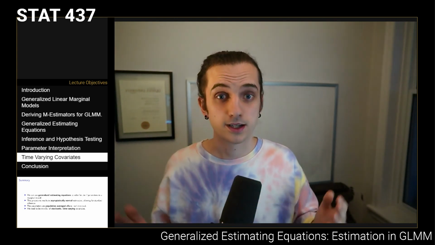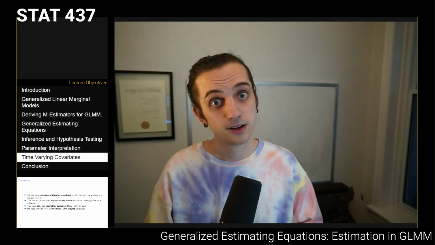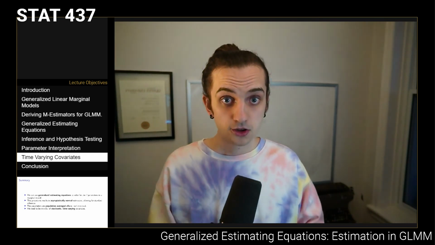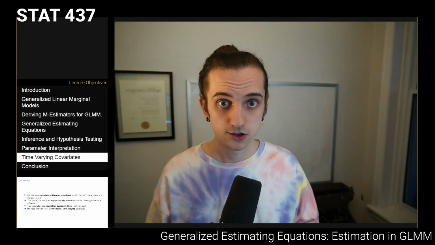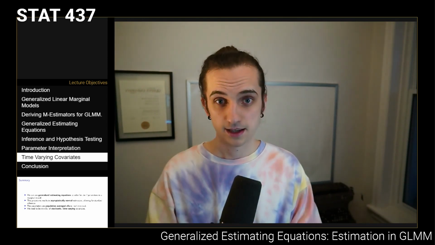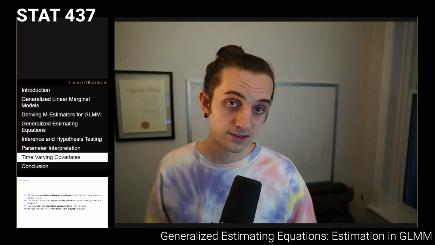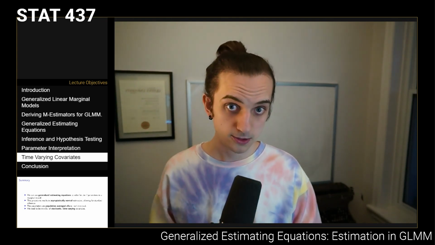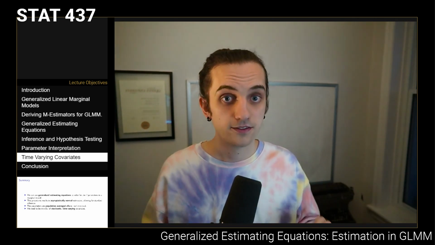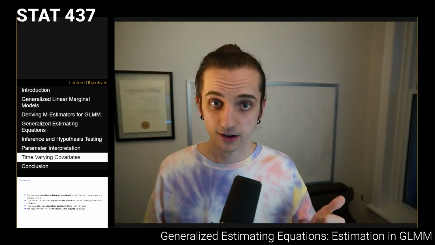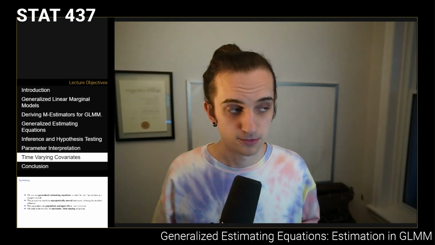Using those, we can combine that with M-estimation theory to get consistent estimators, which are asymptotically normal, that we can provide inference on. So if your target of inference is the population, we now have a set of models that will work for just about every question you could want to ask. We can do all of the same types of analysis that we performed on continuous data, whether it's count data, binary data, or categorical data. As long as we can specify a mean structure, variance, and correlation, then we can do this estimation procedure.